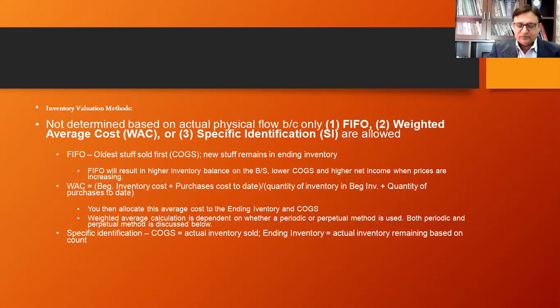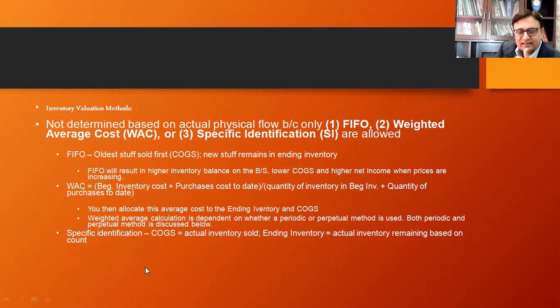So with that, we will divide and find out the purchase price or the weighted average cost for that. So you then allocate the average cost to the ending inventory and cost of goods sold. So weighted average calculation is dependent on whether a periodic or a perpetual method is used. Both periodic and perpetual methods need to be discussed, and we have already done it at the graduation level.